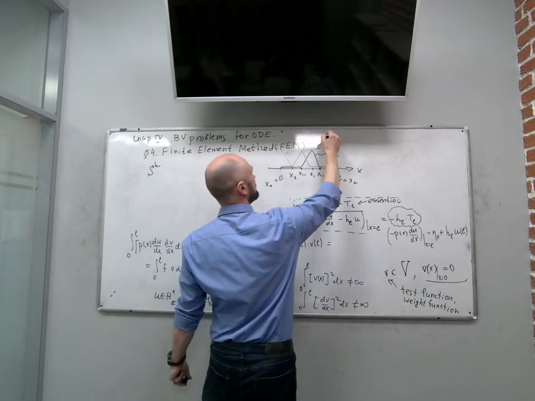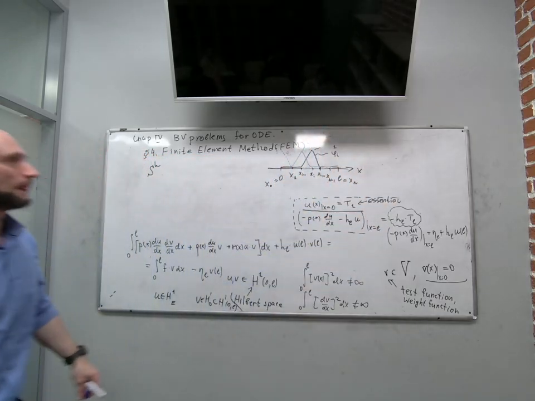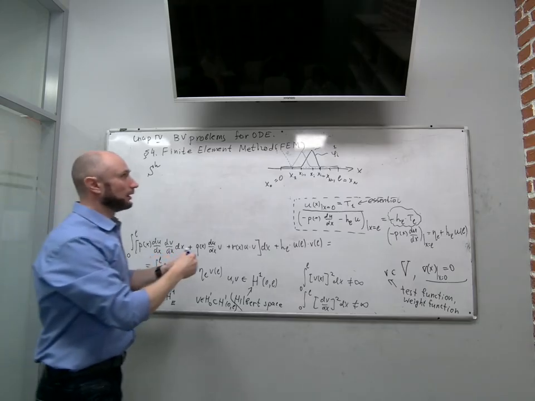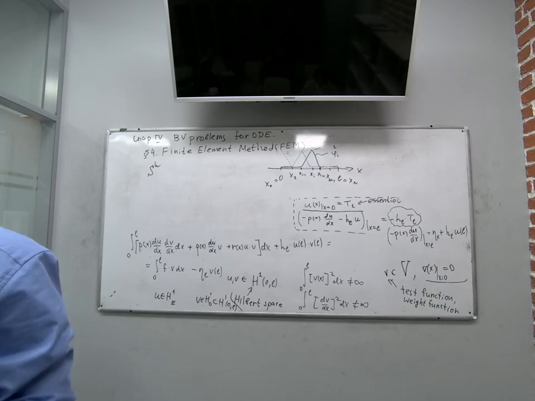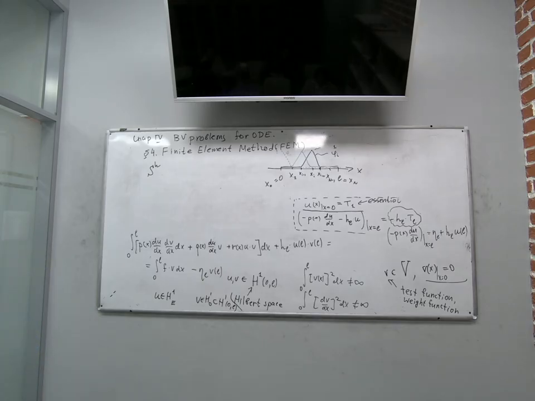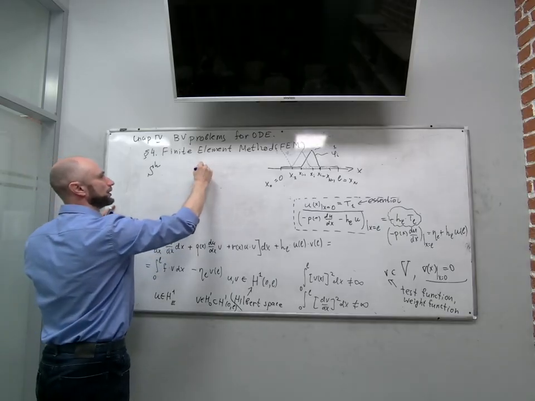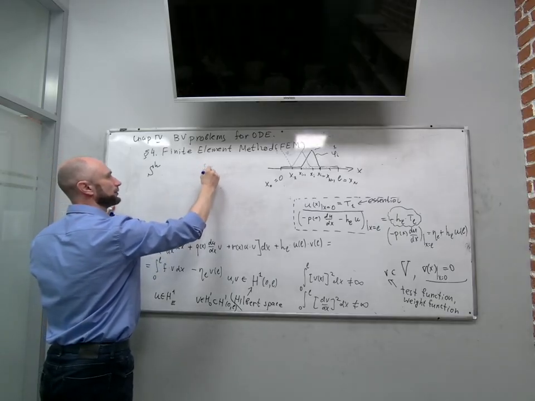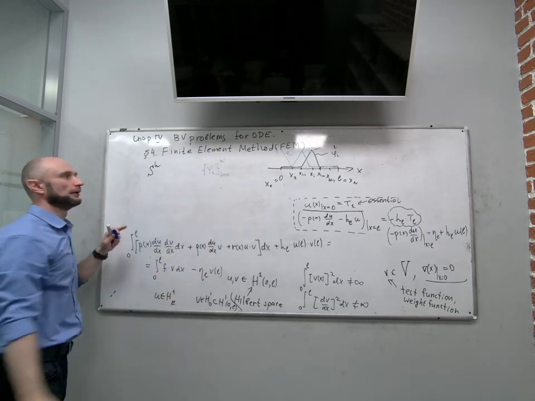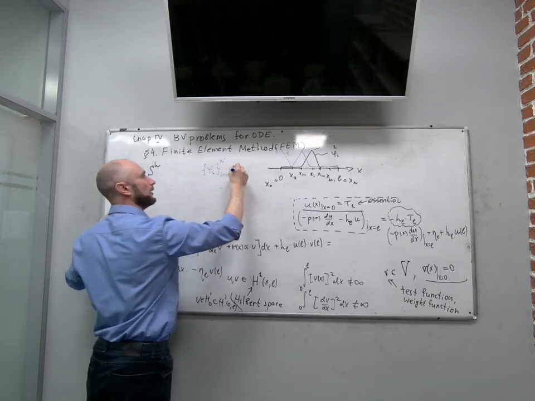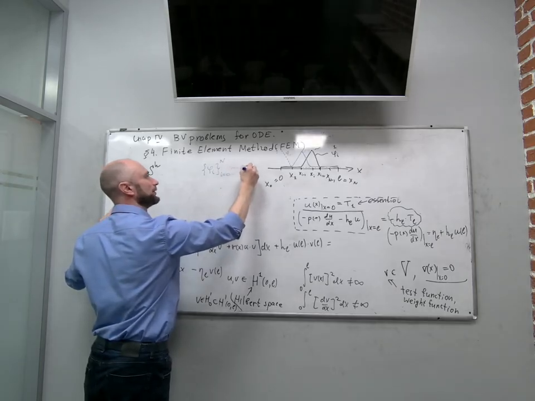Phi_{i-1}. Yeah. And I say that these functions can be used as a set of basis functions. So if I introduce a set of functions phi_i from 0 to n, I will call it the basis.